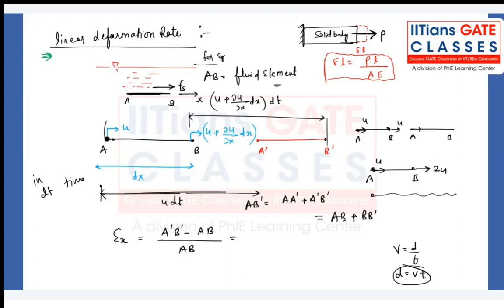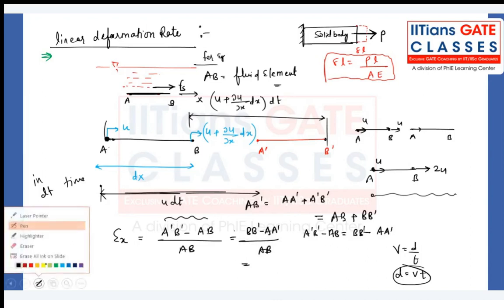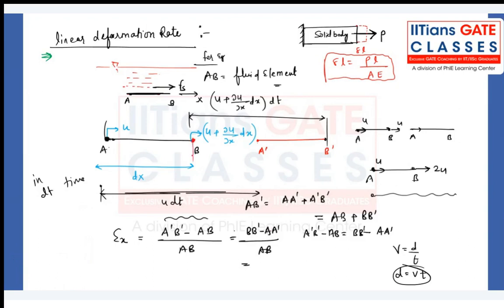Now from here, I need to calculate A dash B dash minus AB. I can write this to be BB dash minus AA dash. Same thing I'm writing over here: BB dash minus AA dash divided by AB. So my dear friend, what can we write further? BB dash, what is the BB dash? How much distance has it traveled? U plus dou u by dou x into dx into dt minus AA dash. AA dash is nothing but from here to here, the total distance, u dt, divided by u dt.